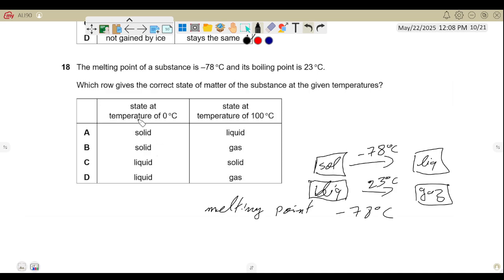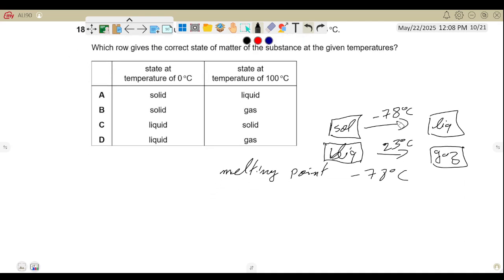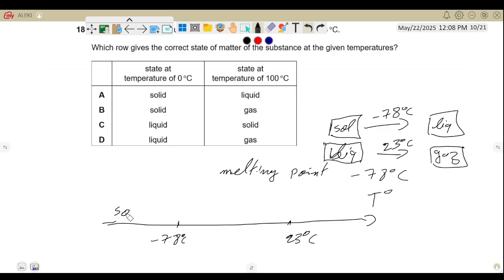State at temperature of 0 degrees C. Let's locate this temperature compared to these two values. We have here the melting point, negative 78 degrees C, and this is the 23 degrees C. So here is solid, this is the liquid interval, and this is the gas interval.